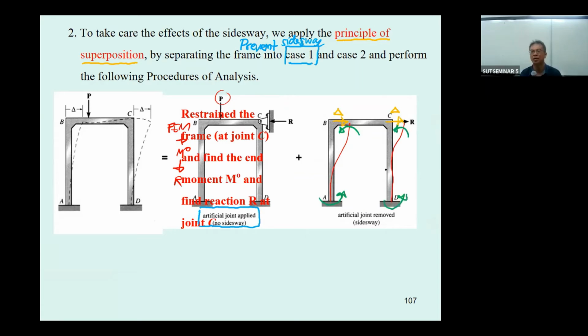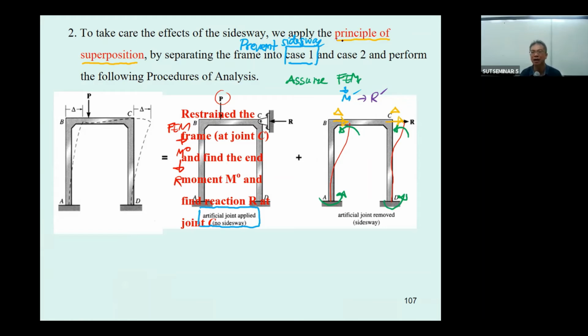So what we can do is we must assume the fixed end moment that acts on this structure, and then we do the analysis for M prime, and then we find the R prime. This is not going to be the R, but it's going to be the R prime.